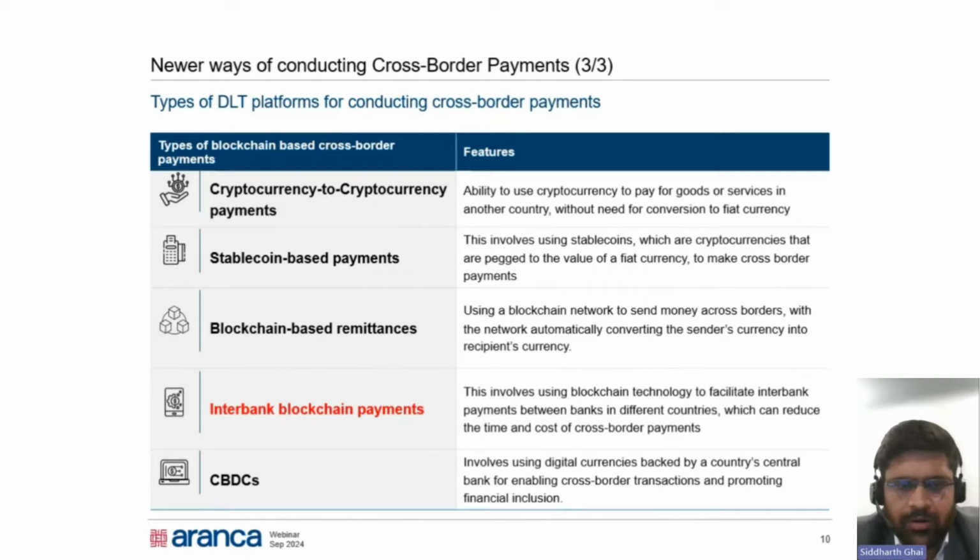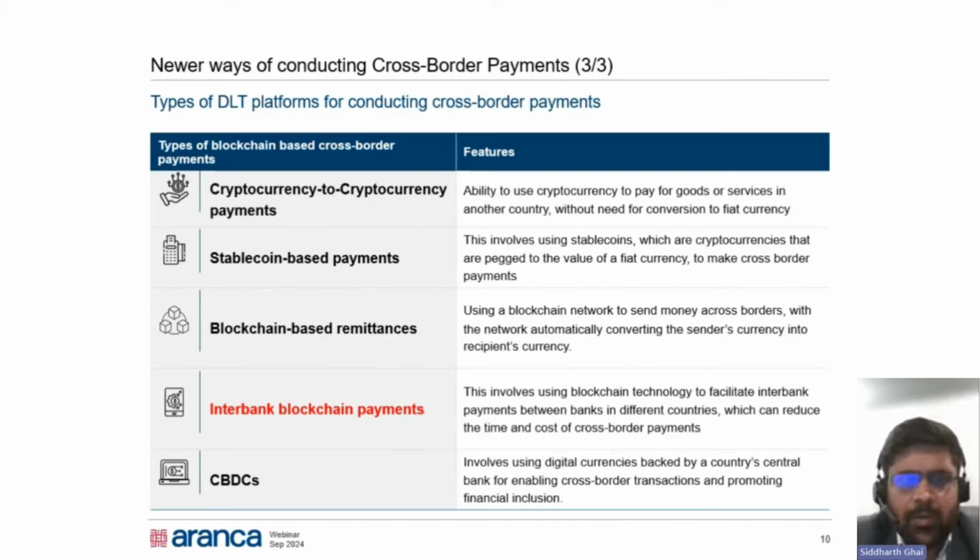A stablecoin is a token that is pegged to a fiat value, and CBDCs are generally issued by the country's central bank to make the transaction. So this is where CBDCs are different from stablecoins. Stablecoins are not given out by the central bank, but CBDCs are given out by the central bank.